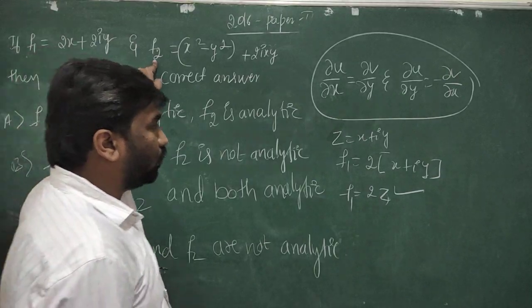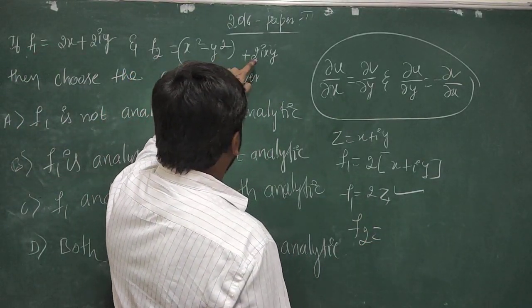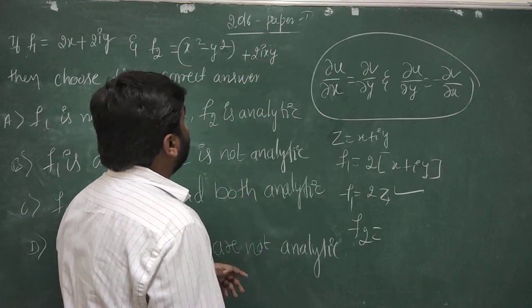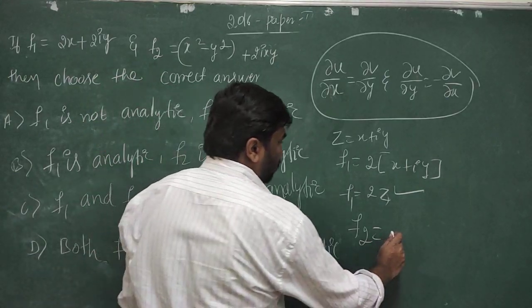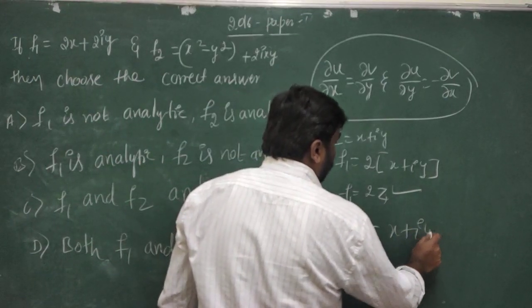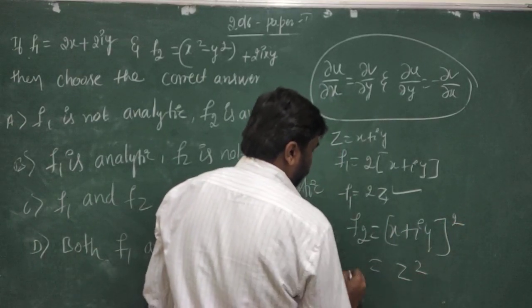And let us do f2. In f2, x square minus y square plus 2ixy is in the form of a plus b whole square formula. So a plus b whole square means x plus iy whole square, that is z square.